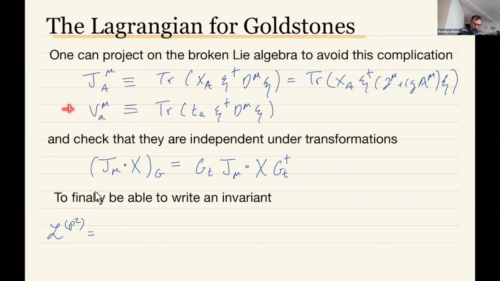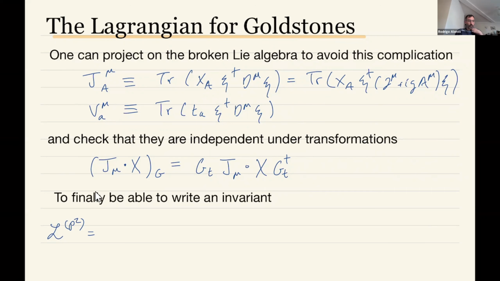All the other complicated stuff is in this other current B. And before we run ahead with our current J, we should first check that it's closed under transformations, that these two currents don't mix. Again, this is outlined in the notes, but if you contract current J with the broken generators, you can see that it transforms with that unbroken transformation dagger on the right and that unbroken transformation on the left.